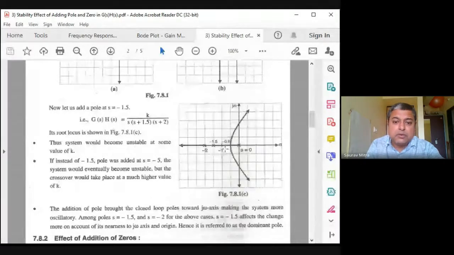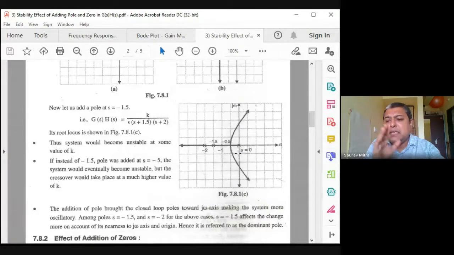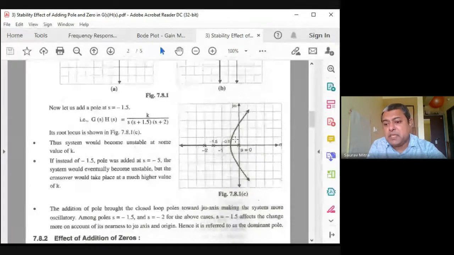Now we have seen that the two poles come towards each other and collide, and then they go towards the jω axis, and at a certain point they cut the jω axis. This is called K marginal, and the frequency is omega marginal. So from 0 to K marginal the system is stable, and from K marginal onwards, as gain increases, the system becomes unstable.